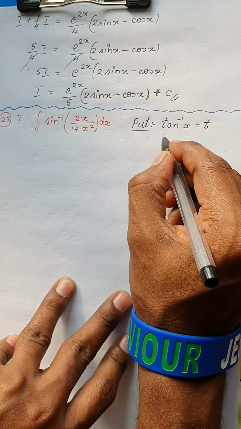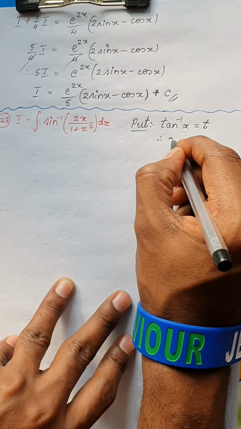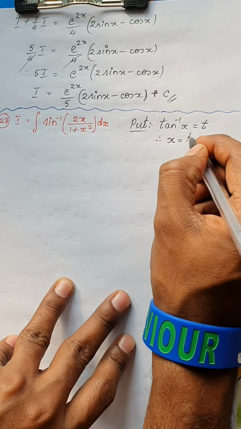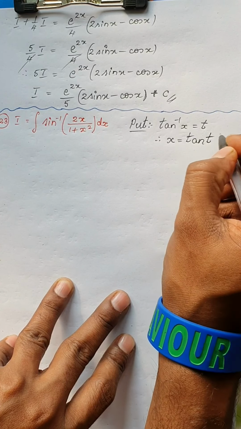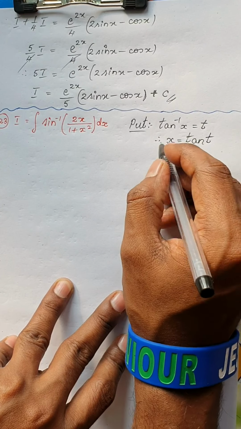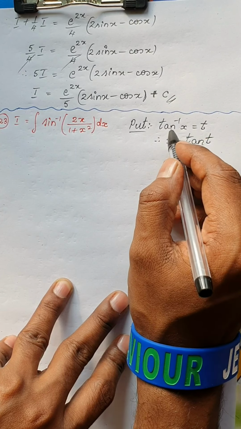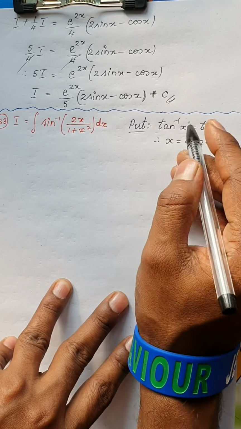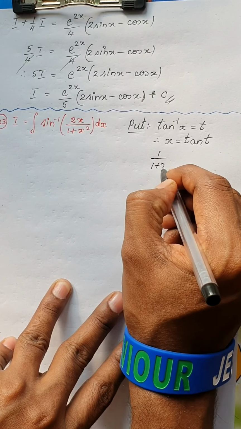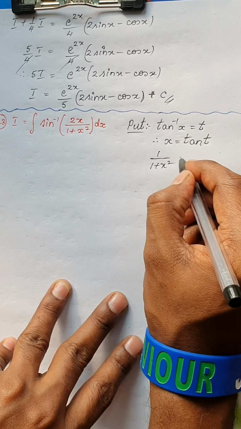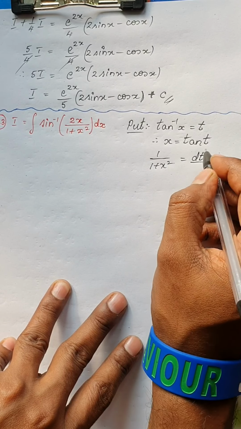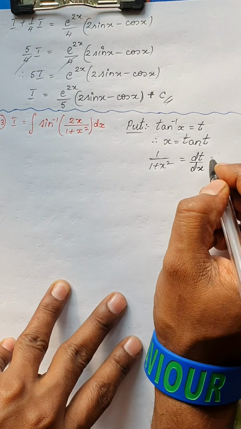See what happens. Therefore, if you apply tan on both sides, you will get x is nothing but tan t. So if you differentiate, what is the derivative of tan inverse x? It is 1 divided by 1 plus x square, which is nothing but the derivative of t, dt by dx.